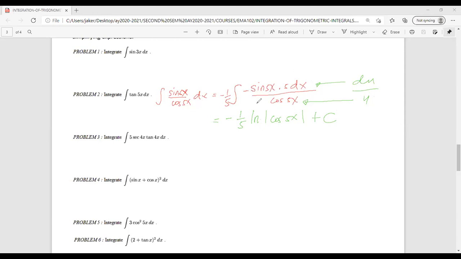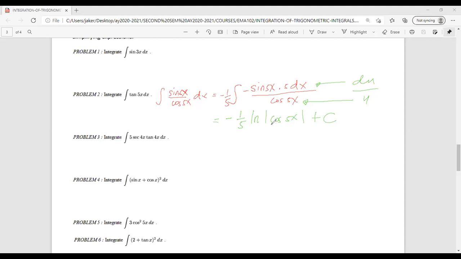To complete it, there should be a negative and a 5 here, because the derivative of cosine 5x is negative sine 5x times 5 dx using the chain rule of differentiation. The negative 5 that you have introduced here should be compensated by writing negative 1/5 outside of the integral sign. So the integral of tangent 5x is negative 1/5 ln of cosine 5x. Do you get it?